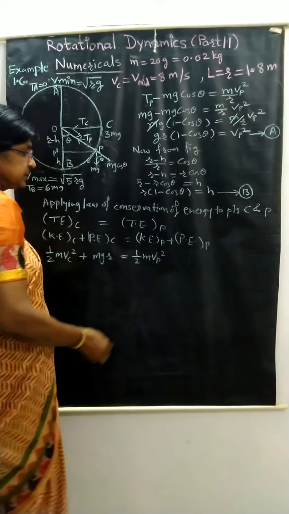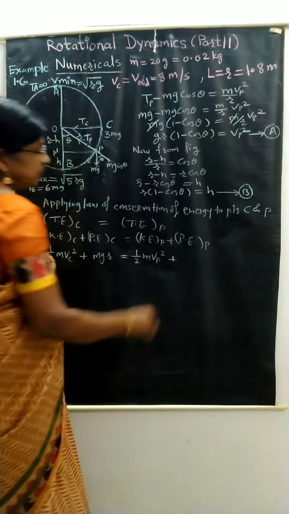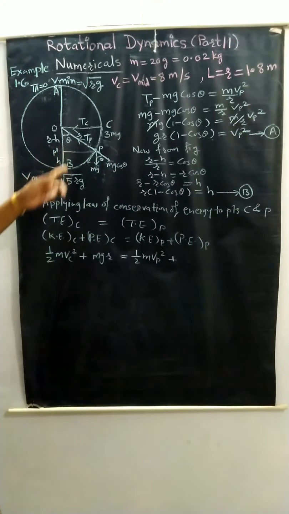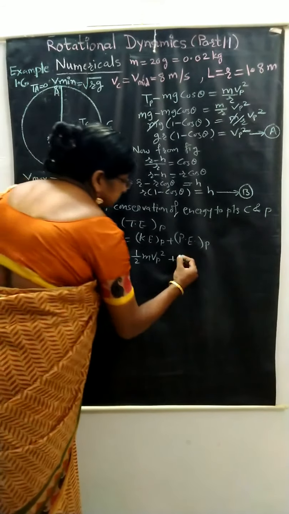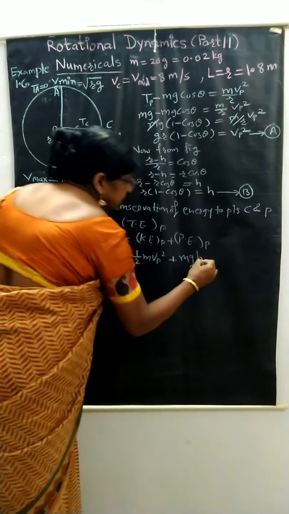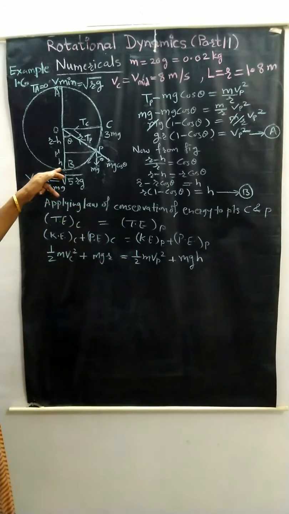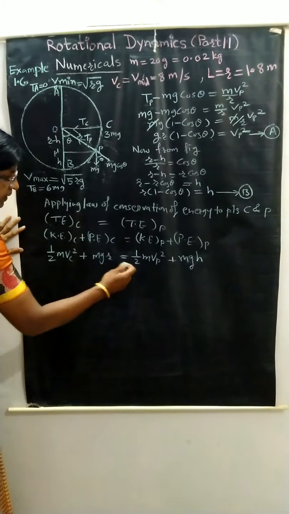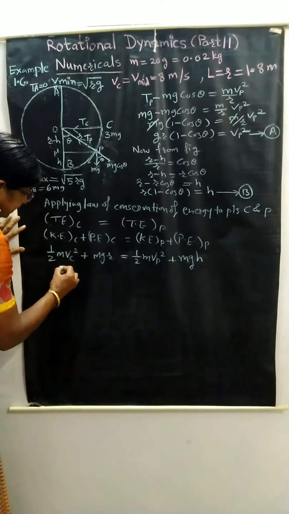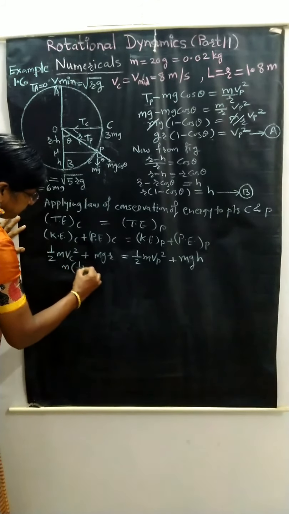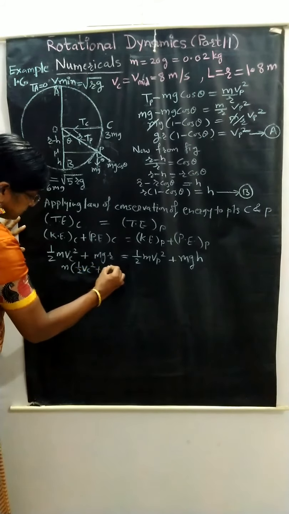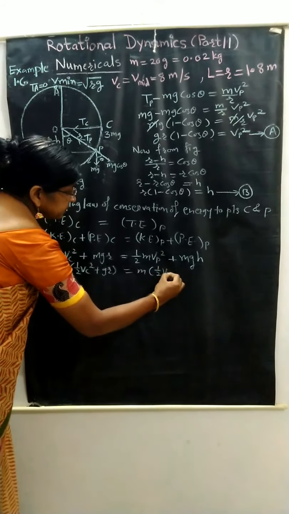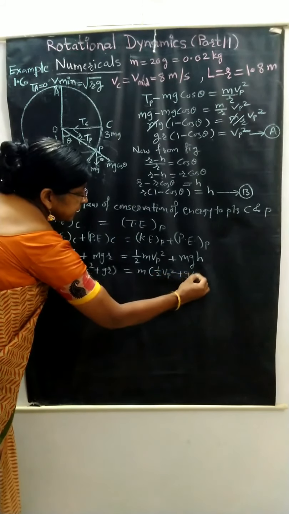Here we have calculated Vp square plus the potential energy at point P. So potential energy at point P is mgh because the point is at height h above point B. And here m is in each term, so it will cancel, or we shall take m common in bracket: half Vc square plus gr is equal to m common half Vp square plus gh.